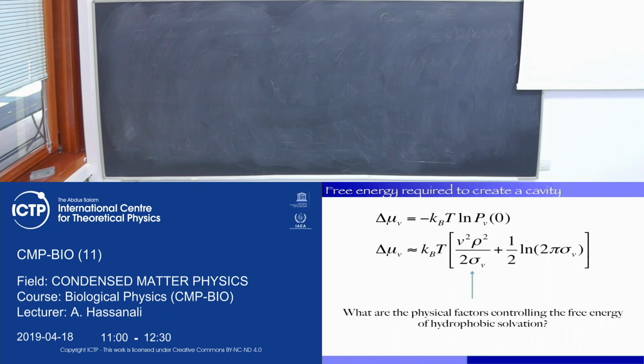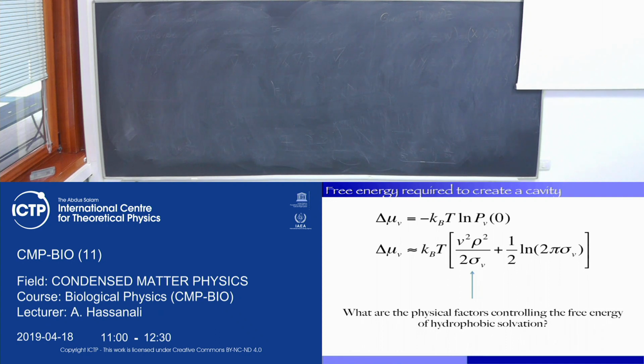Now, what's very interesting about this is that the thermodynamics of hydrophobic solvation is related to a property of the liquid itself. This is the density, a property of the liquid.